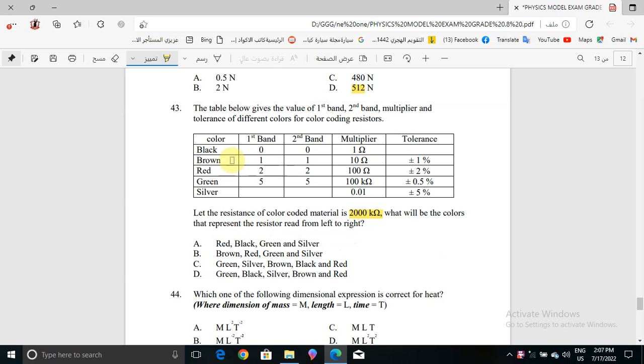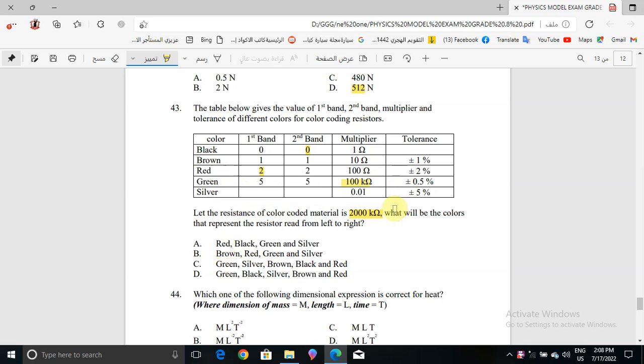It will be red, then black, then green, then silver.